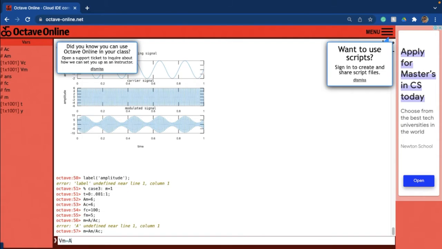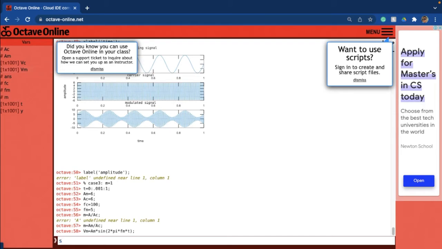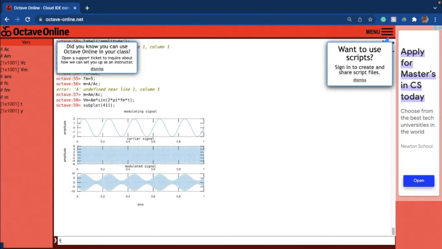VM is equal to AM into sine 2 pi FM T. Subplot 411. Plot.